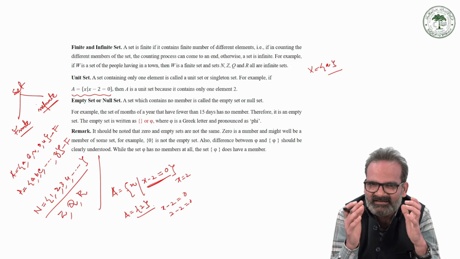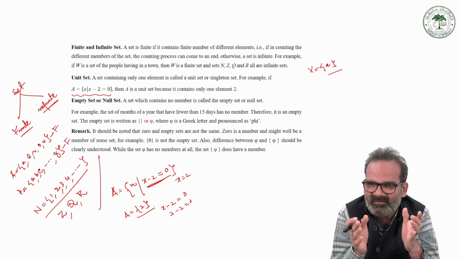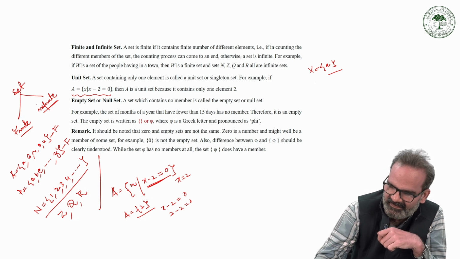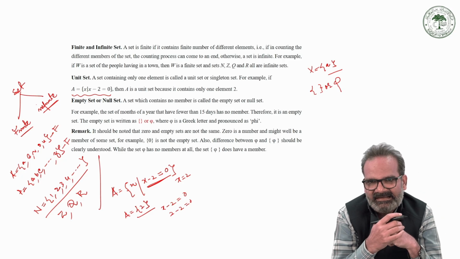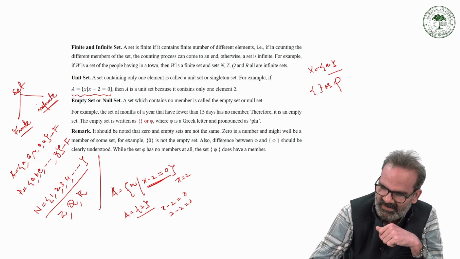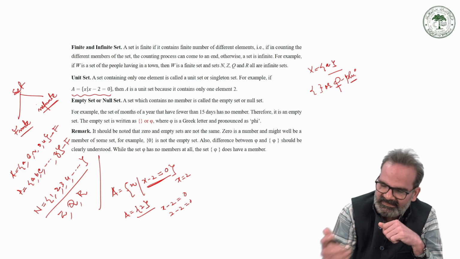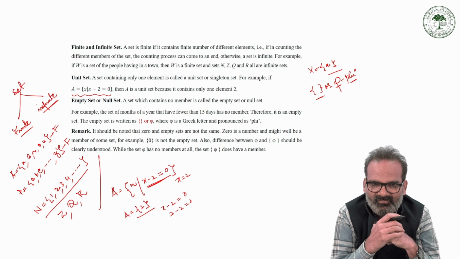That is why the set of months of a year that have fewer than 15 days has no member. Therefore, it is called an empty set. Generally, an empty set is denoted either by this or by the Greek letter phi. So empty sets or null sets are denoted either by this brace bracket or by the Greek letter phi.